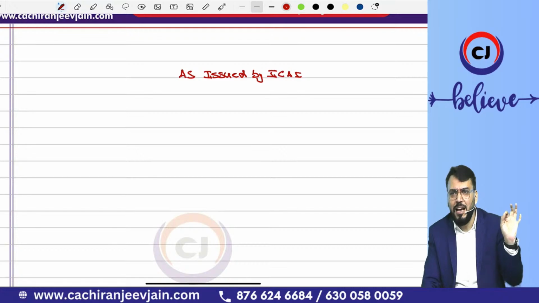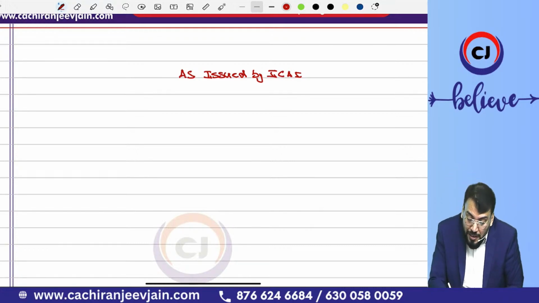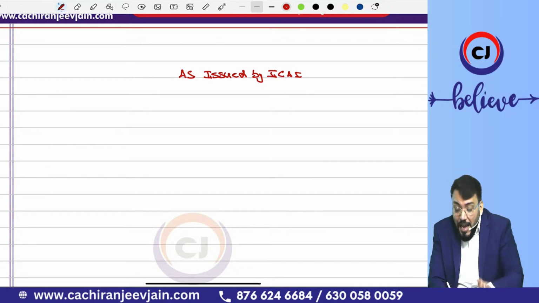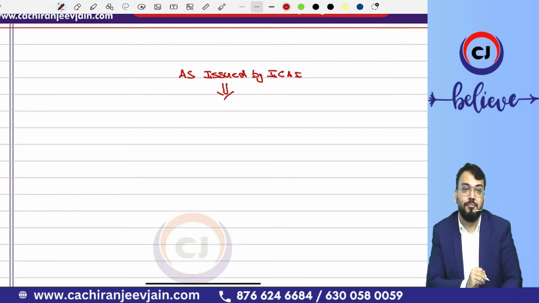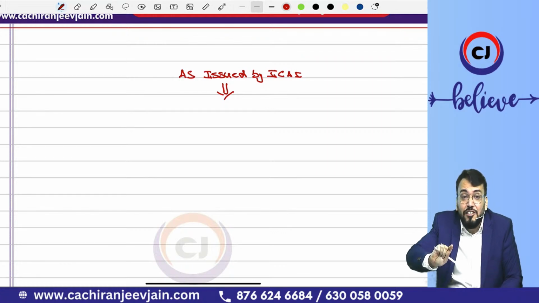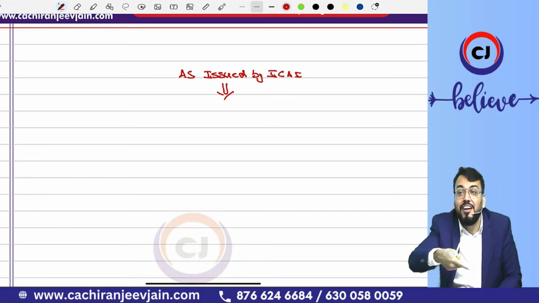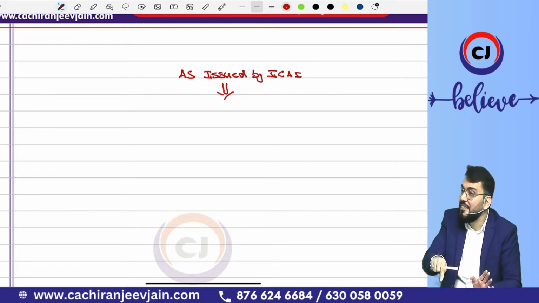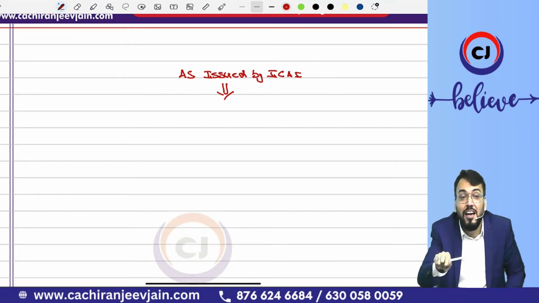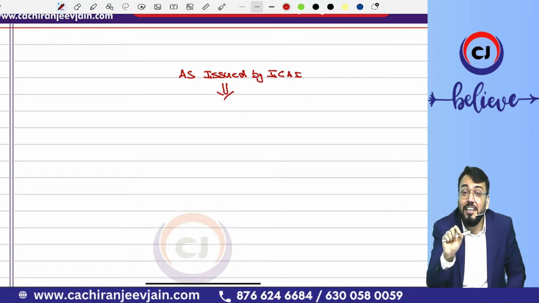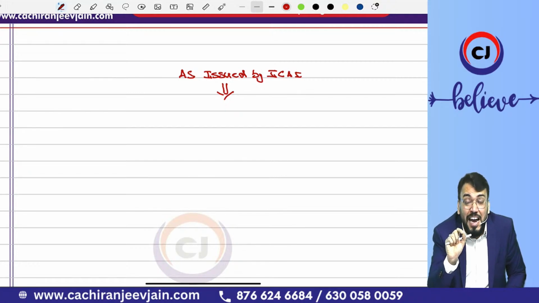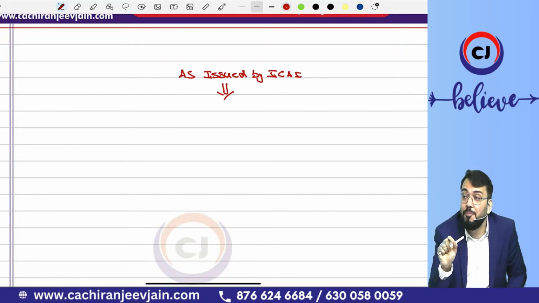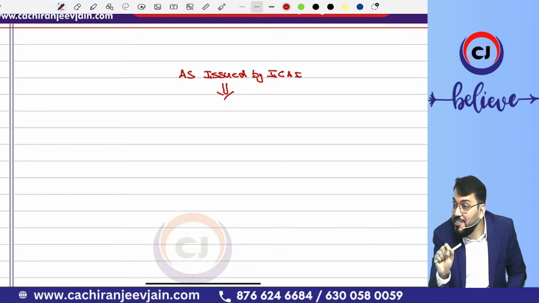A small story I am telling, I am not giving everything. So this became accepted by every entity, slowly. And to make it mandatory, ICAI issued one circular to all the chartered accountants: any CA who is doing attestation of any financial statement, that financial statement should comply with the requirements of accounting standards.